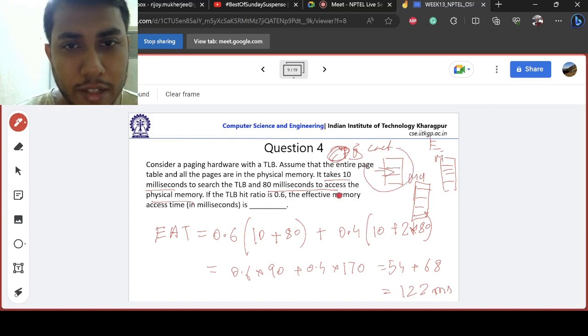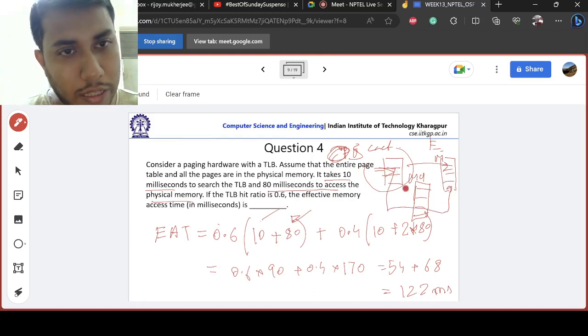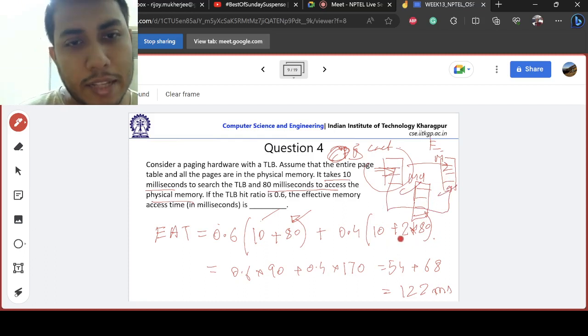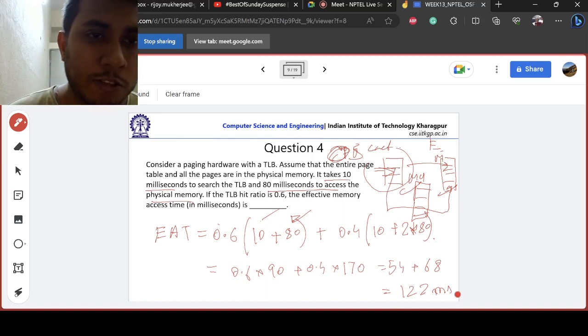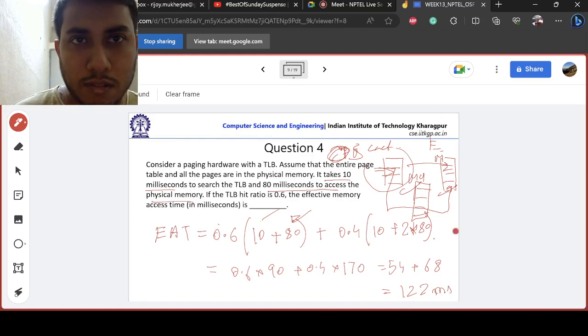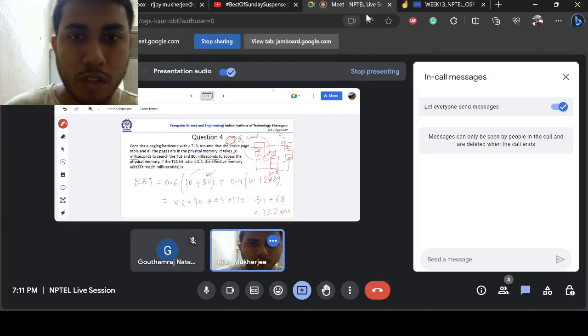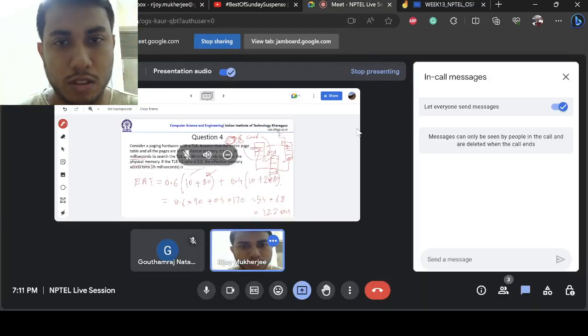If the TLB is a hit, it will directly access the memory, which takes 80 nanoseconds. If the TLB is a miss, then it will access the page table, and then go to the frame. So one memory access, two memory accesses. So it is 2 into 80 plus 10, so it is 170. Right. So this is quite standard.